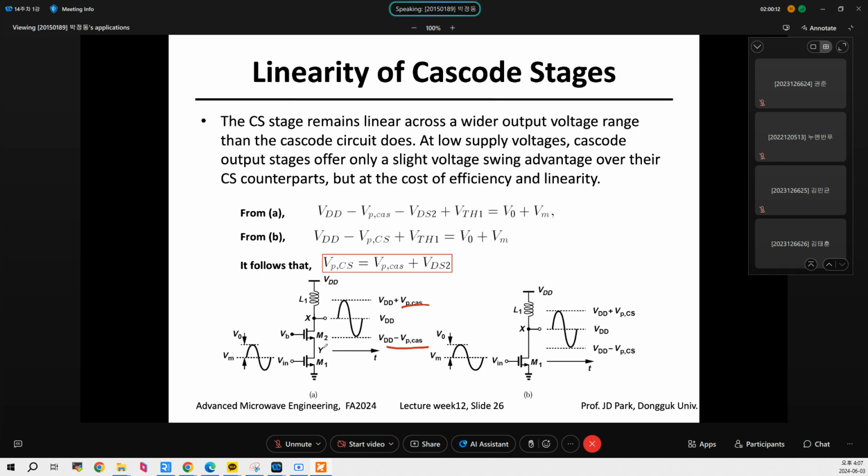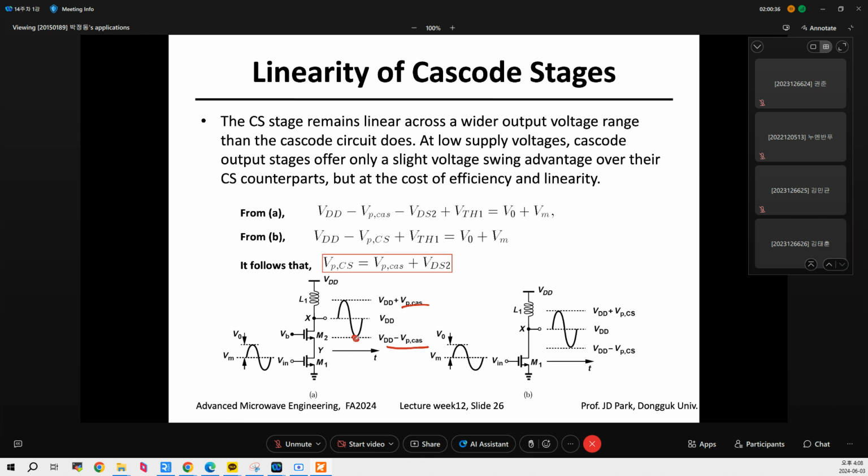What is A? 이게 뭔가? VDD minus VP cascode, right? VDD minus VP cascode is this.